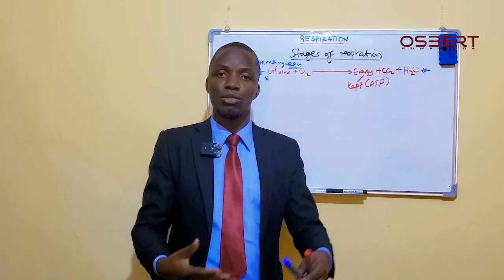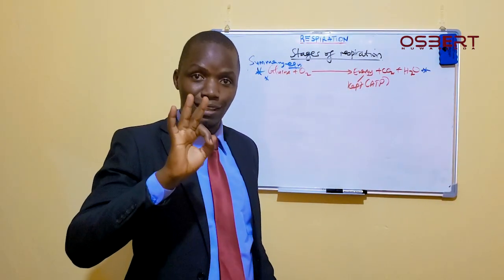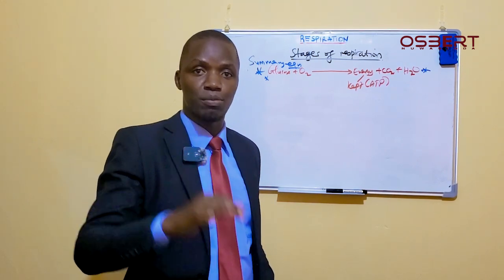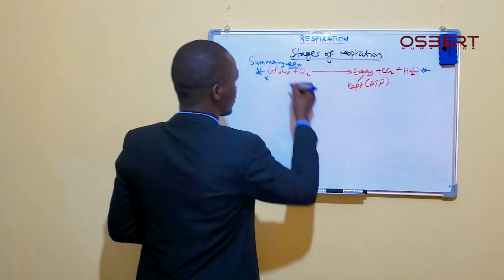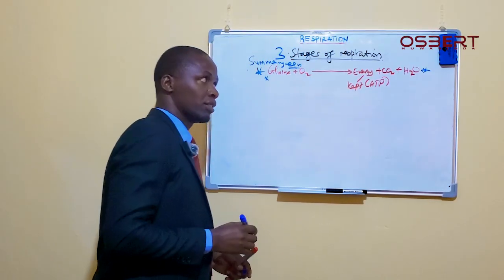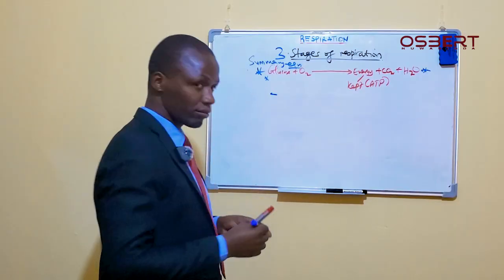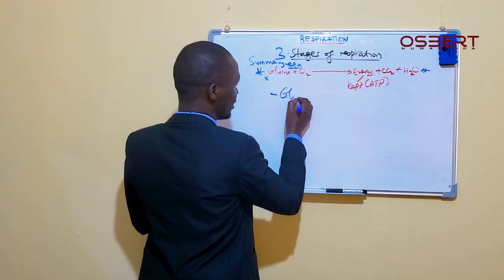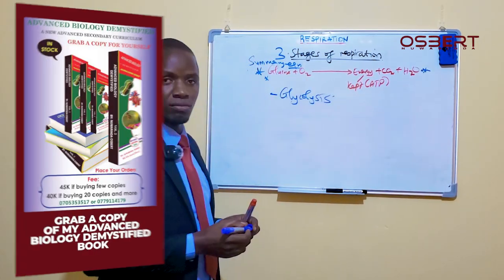These different chemical reactions are divided into three major stages of respiration. So the stages of respiration are three. What are those? One is what we call glycolysis.